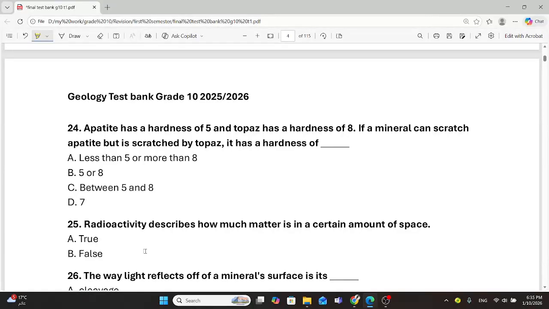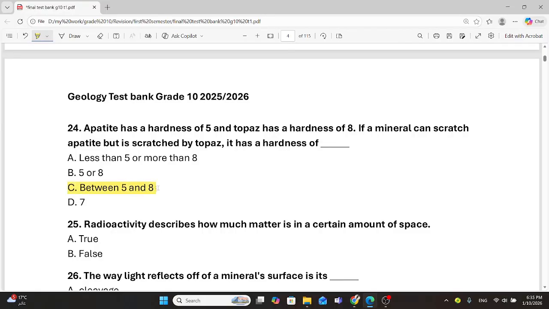If a mineral can scratch apatite but it's scratched by topaz it has a hardness of. هو بيقدر يعمل scratch للابيتايت، تمام. يبقى between أعلى من 5 وأقل من 8 يبقى between 5 and 8.